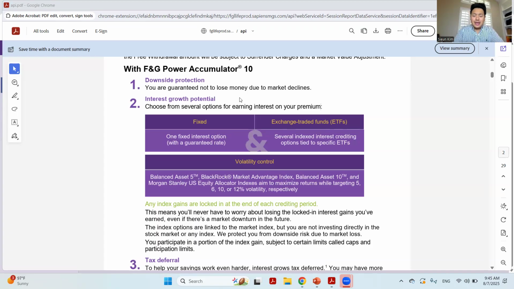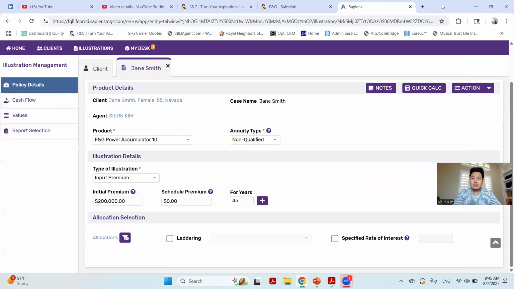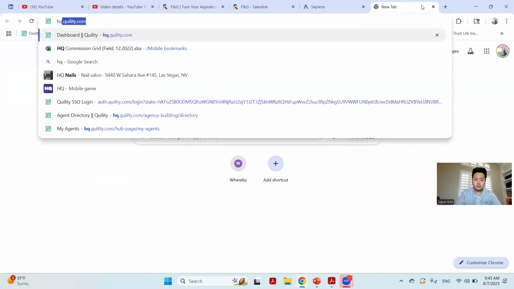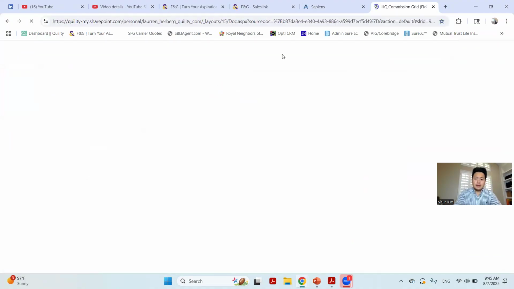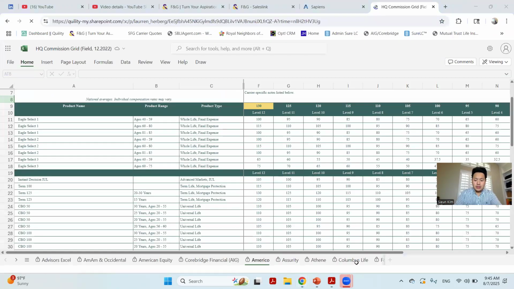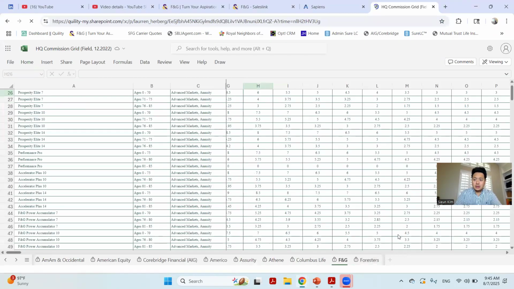What is the maximum age to start? So the maximum age to start based on this product, let me go ahead and show you. There are different age groups and different ways the commission gets paid out on this one. Let's go to F&G.